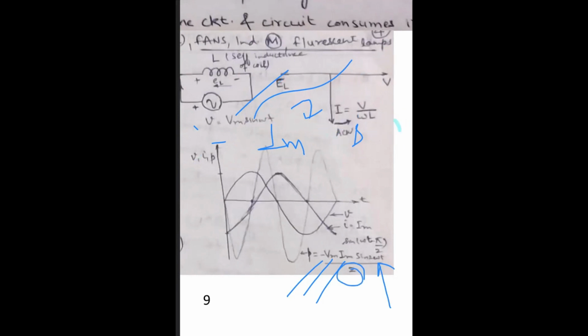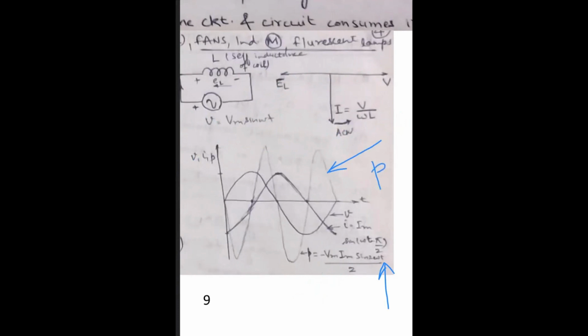This is how the instantaneous power in the inductive load is represented. Now we can substitute different values of time to get the wave shape of instantaneous power.